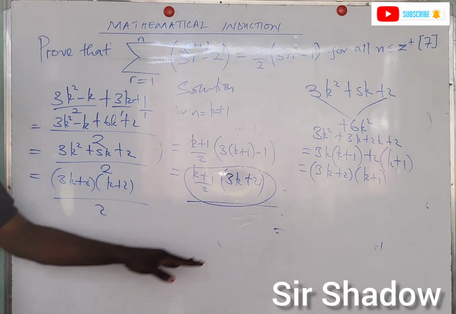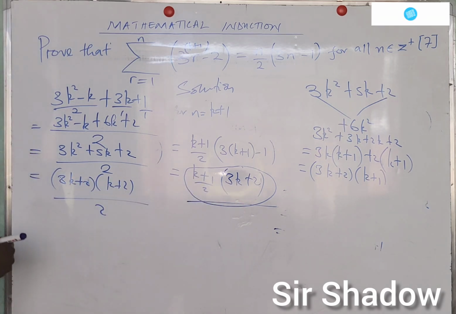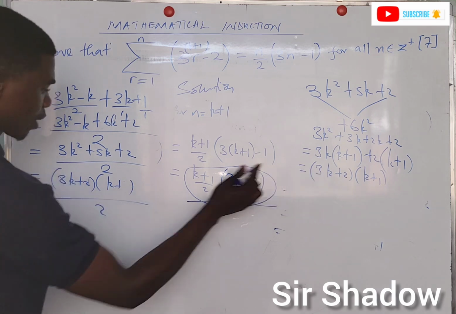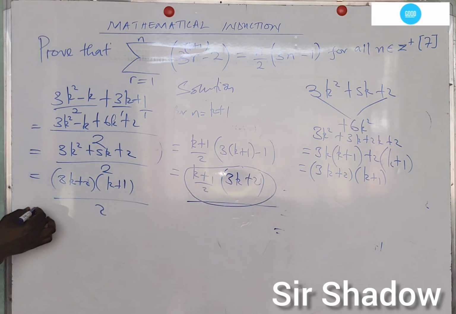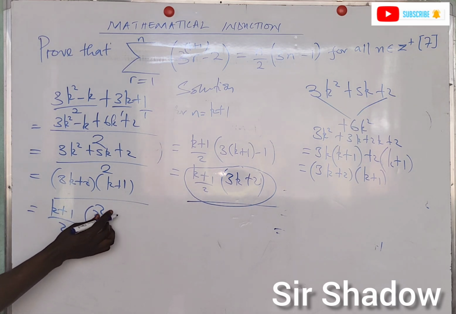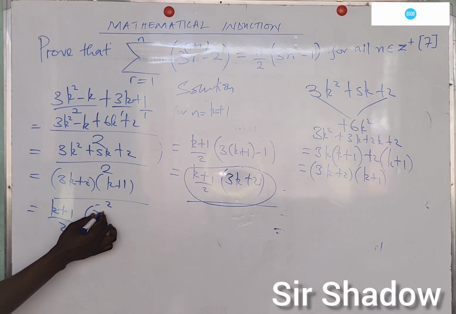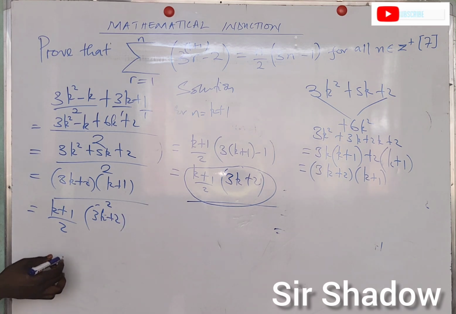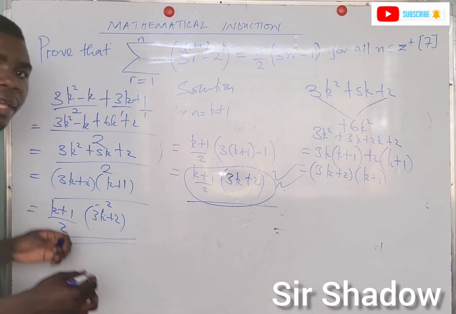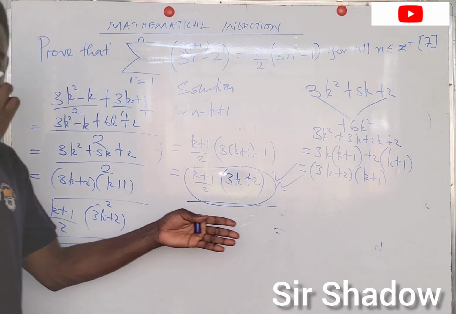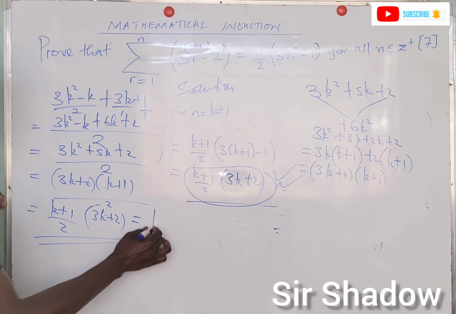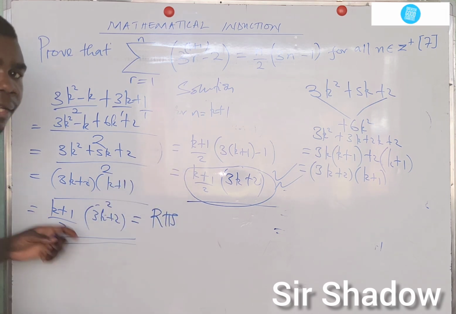So let's factor out k plus 1 over 2, which is equal to k plus 1 over 2 multiplying 3k plus 2. As you see, this expression is equal to this expression. Hence, true for n is equal to k plus 1, which is equal to the right hand side.